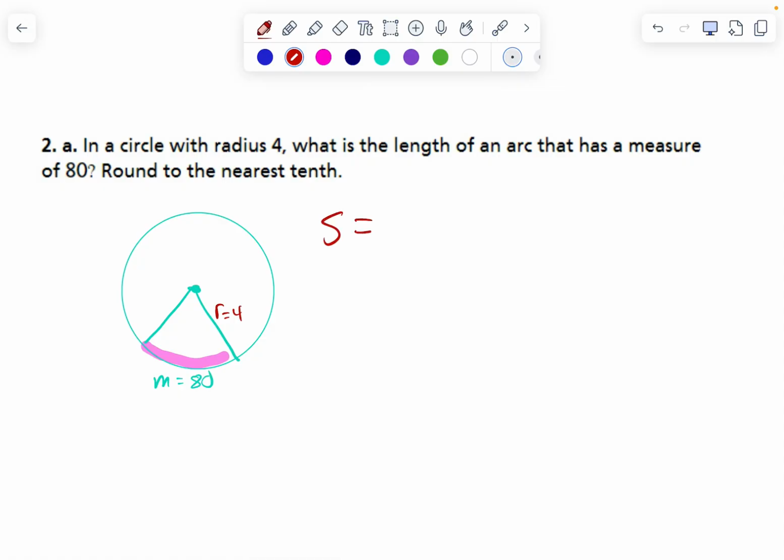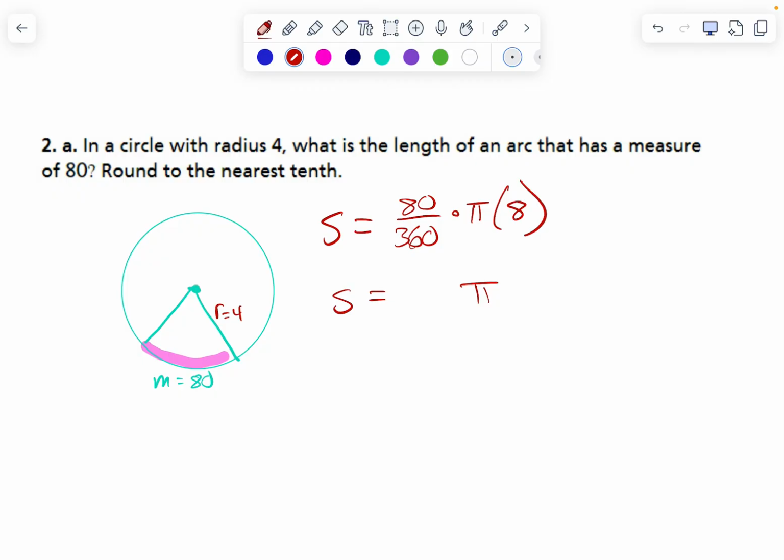So S, weird, S is 80 out of 360 times pi times, what's our diameter? 8. Okay. Let's do this as exact for now, but, so what is 8 times 80 divided by 360? Can you tell me?